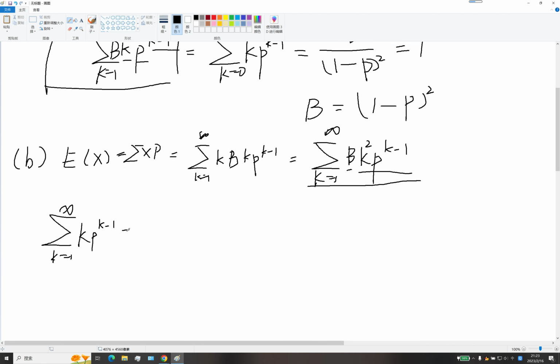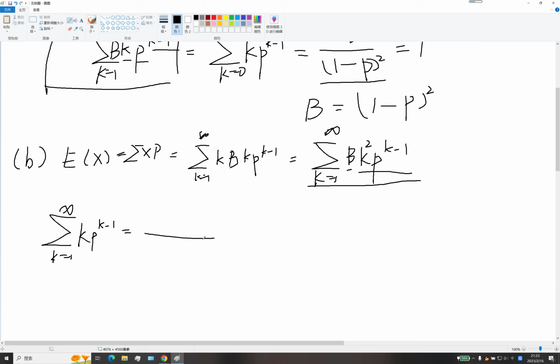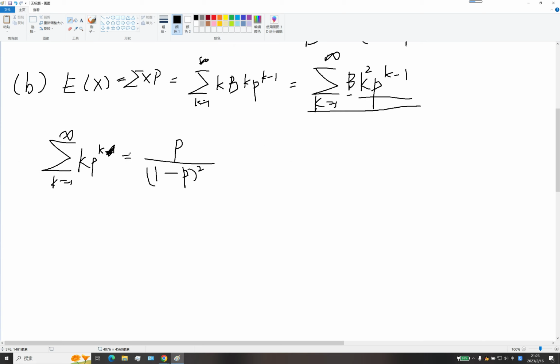We all know that this is, and if we multiply p on both sides, so this is no longer k minus 1 and this is p, we do the differential on each side again.